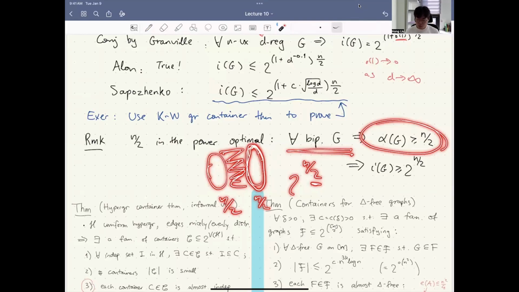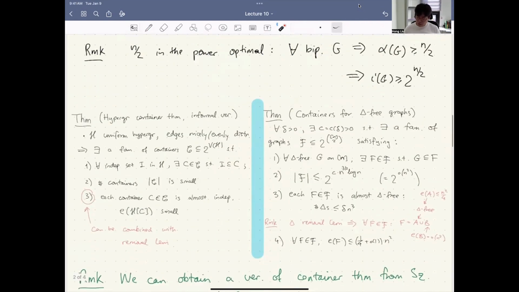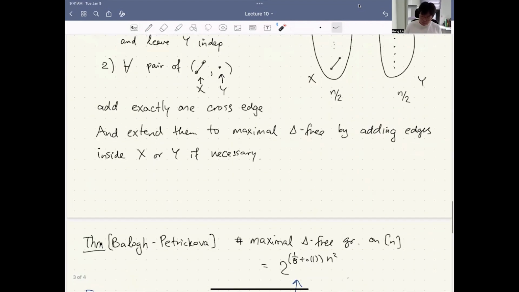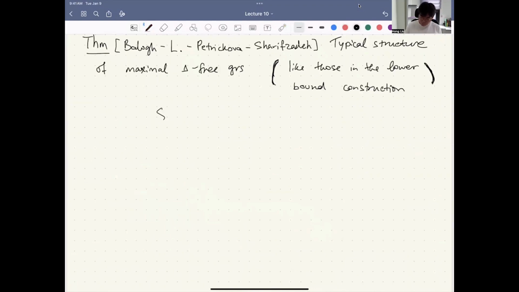The maximal ones are just 2, one here, one here. So a lot fewer. Can we give an upper bound on the number of maximal independent sets in a graph? This is what we're going to talk about next: counting maximal independent sets.